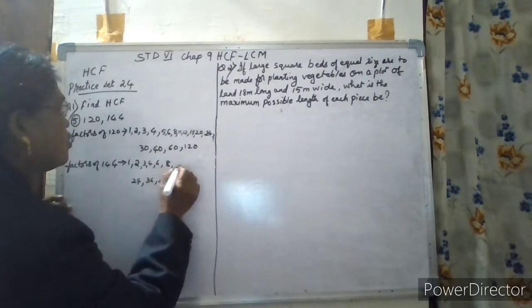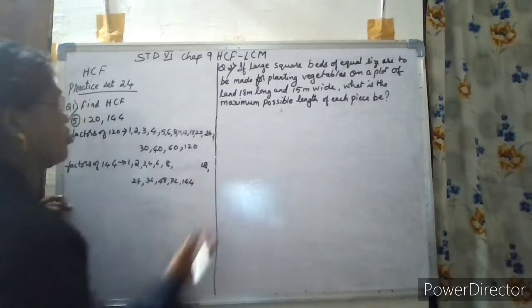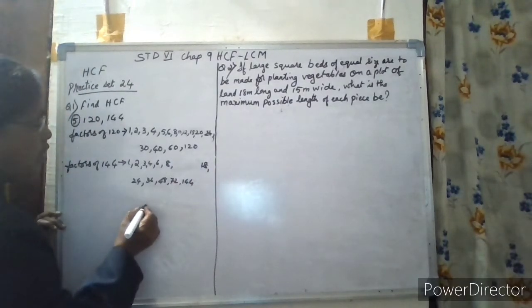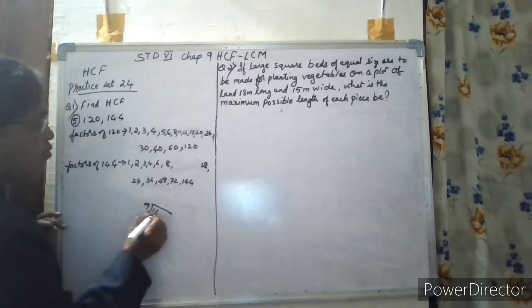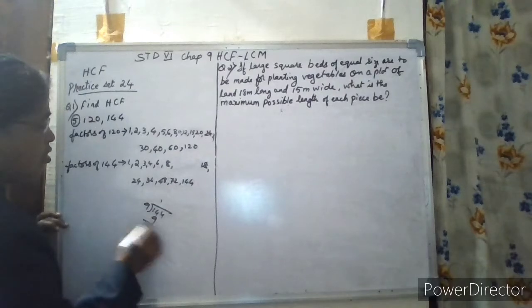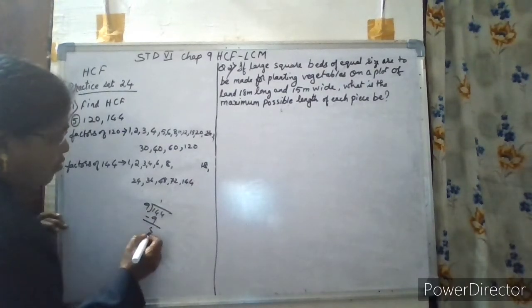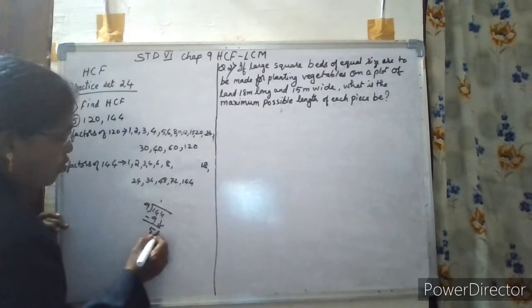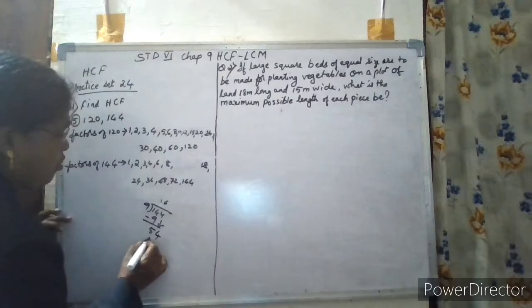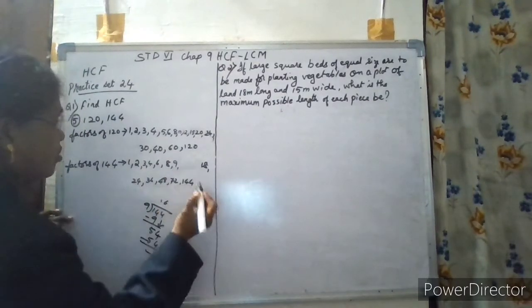8 and 18 is there. 9s, let us try and see. 144 divided by 9 is 16, so 9 and 16.